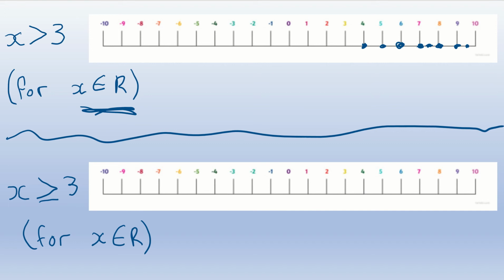Just between 8 and 9 here, 8.5 is going to be bigger than 3, 8.6, 8.7, and if I was to fill in all the numbers that are bigger than 3, I'd end up with a line. This line here represents all the numbers on that part of the number line. And if I put an arrow here, that indicates that this line is going to continue on forever, all the way up to infinity.